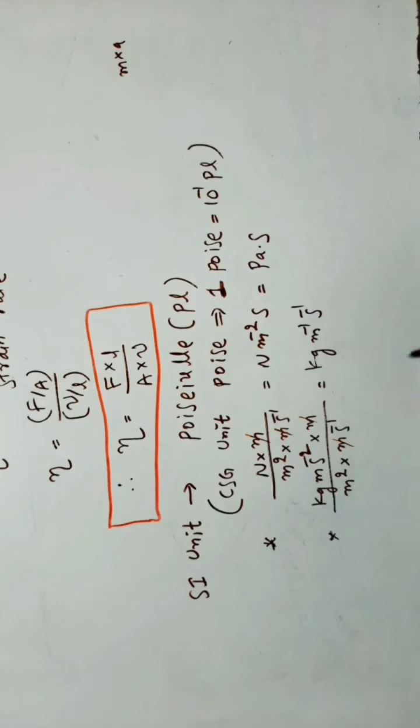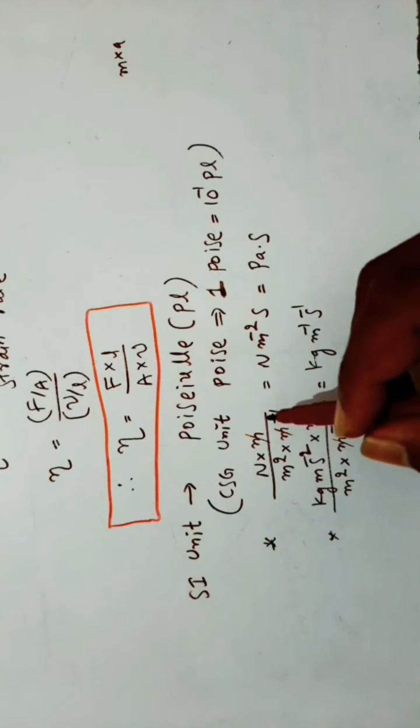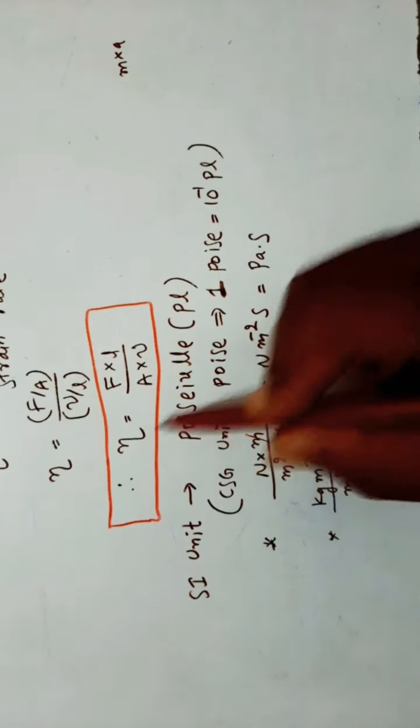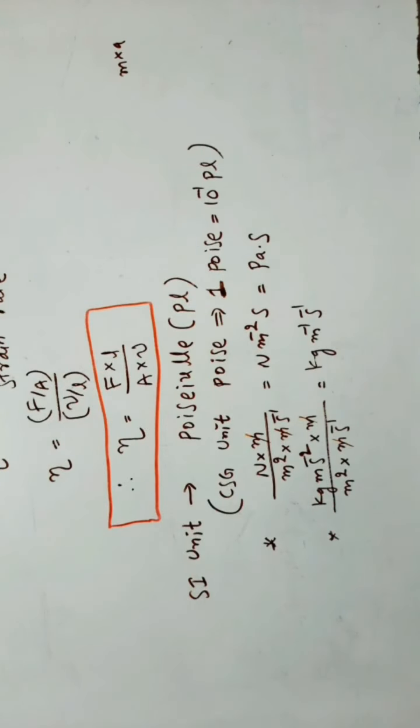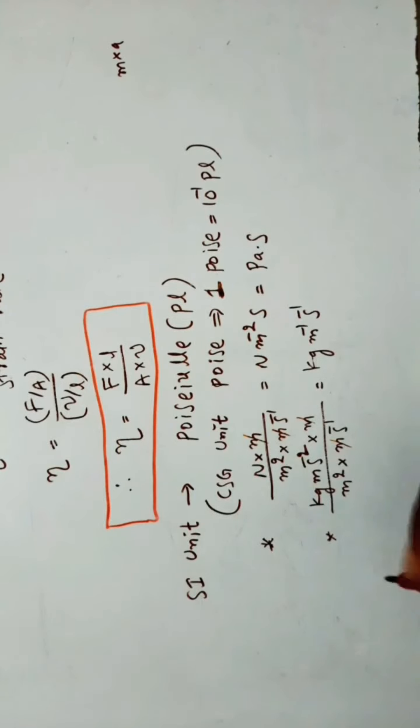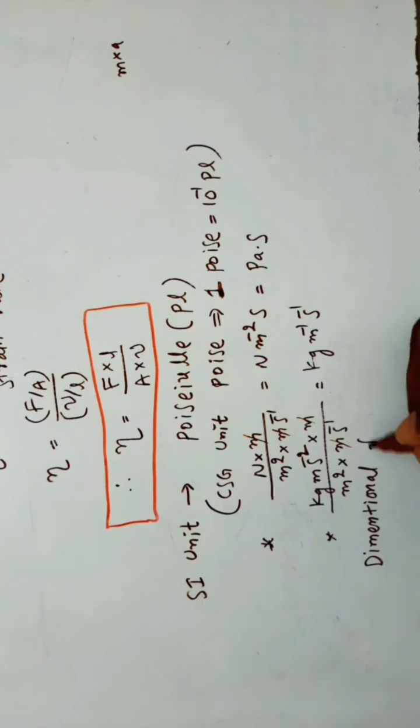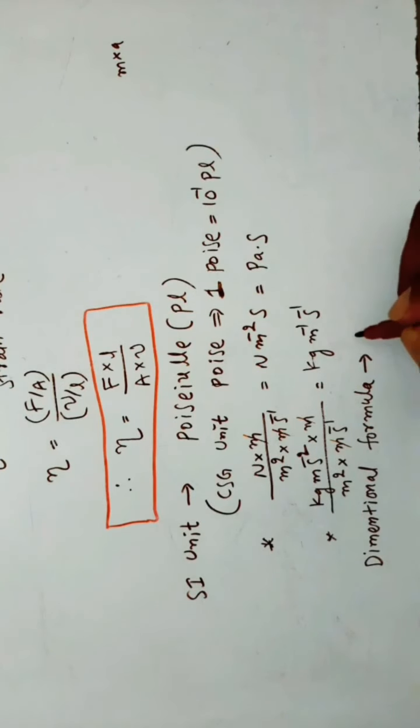So another SI unit for coefficient of viscosity is kg per meter per second. The dimensional formula for coefficient of viscosity is M L to the power of -1 T to the power of -1.